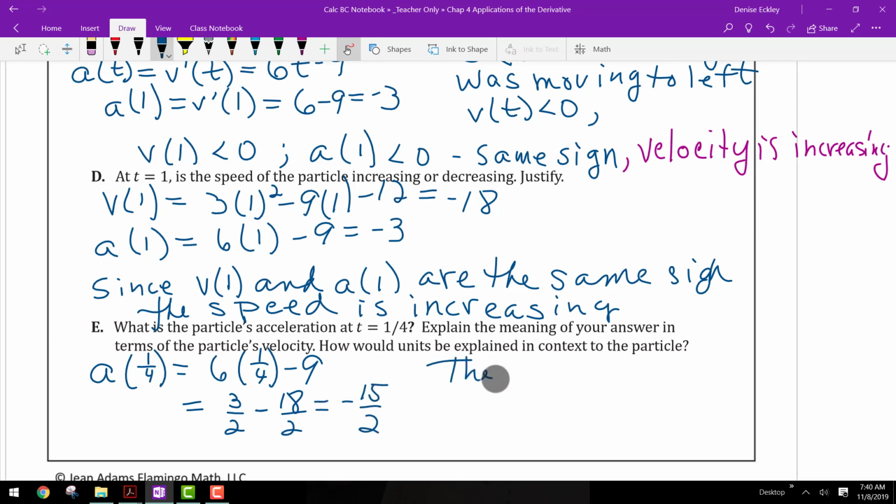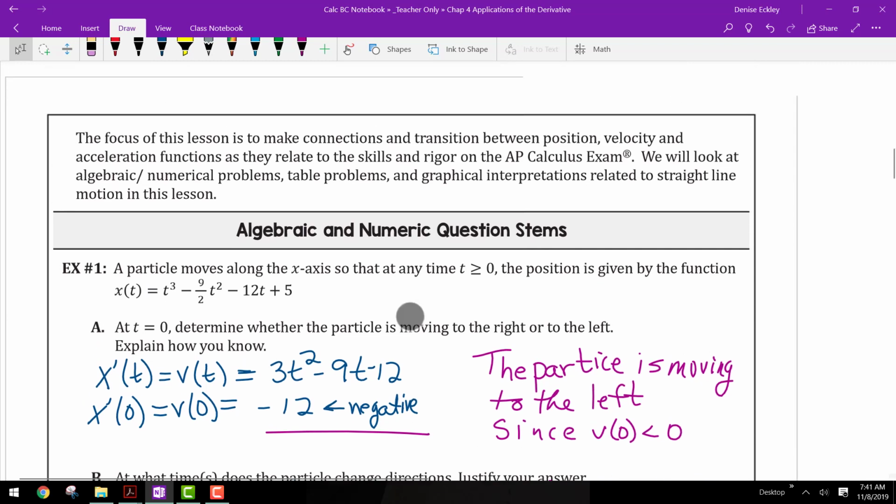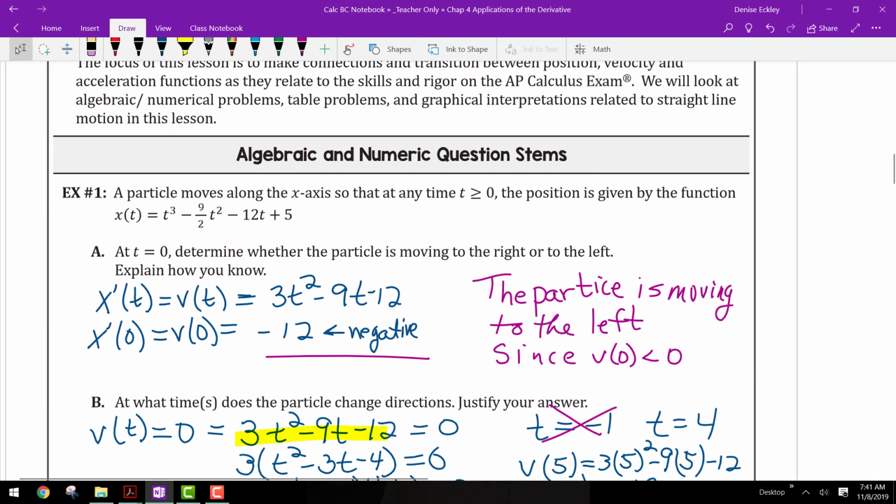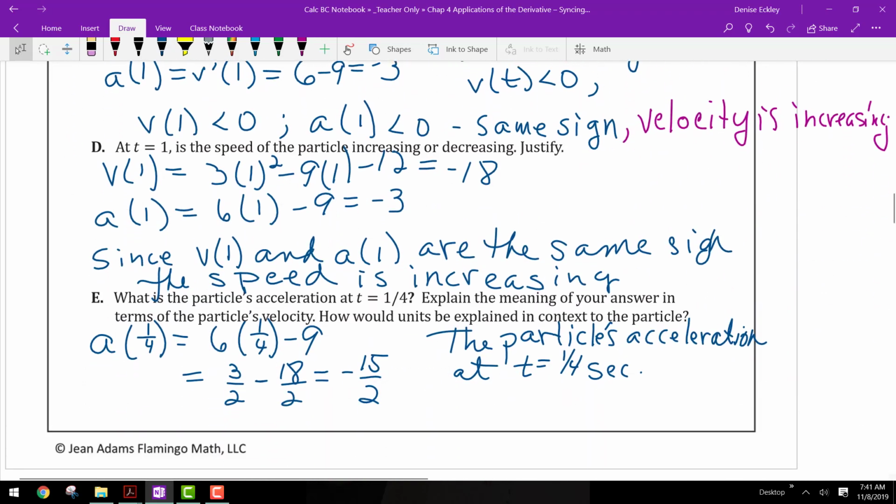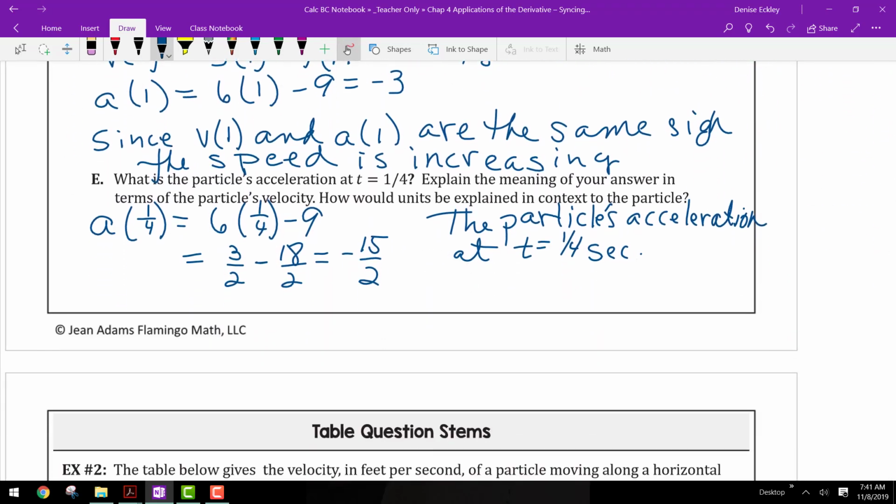So the particle's acceleration at t equal to 1/4 seconds. I don't know where I'm getting seconds from. Let me just double check real quick. It doesn't say; I just somehow picked up seconds. So the particle's acceleration is negative 15/2.